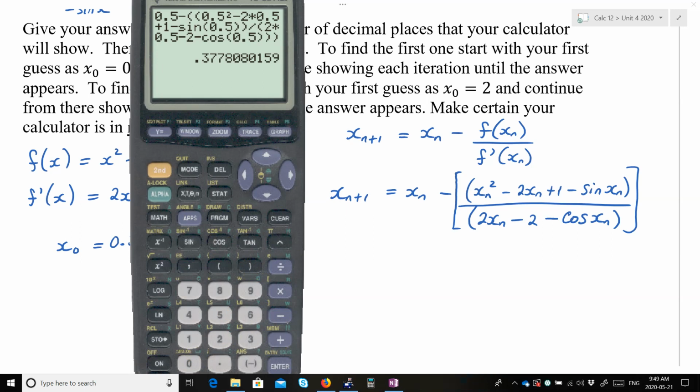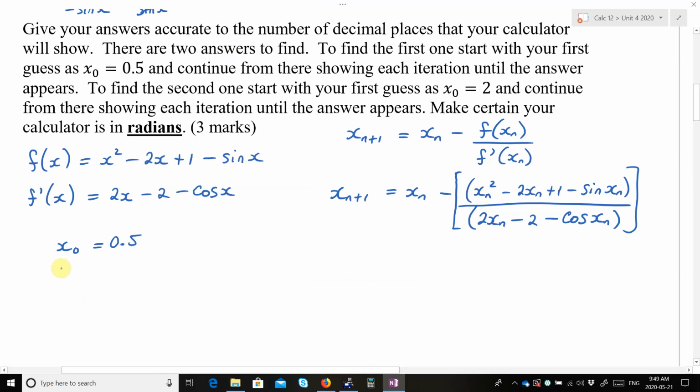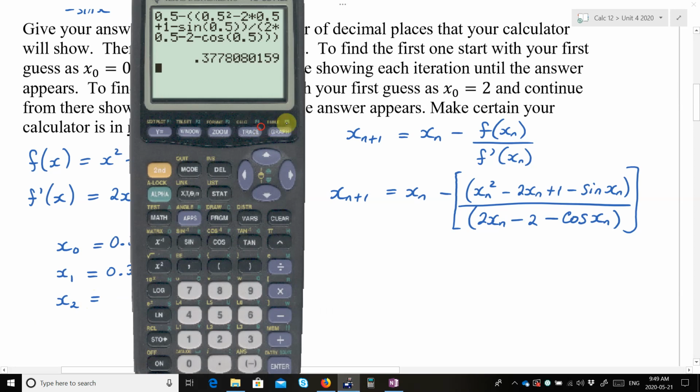Okay, so x1 is now that. x1 is equal to 0.3778080159, and now we can try to figure out x2 and so on.